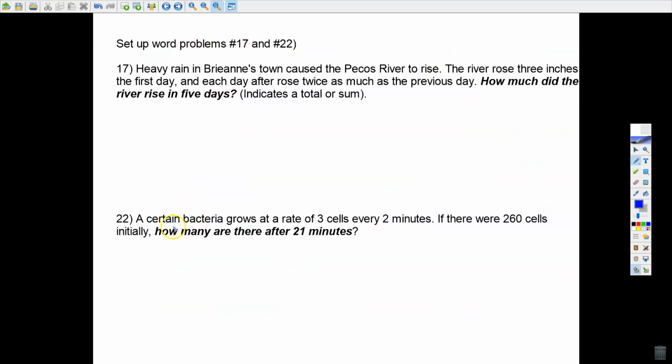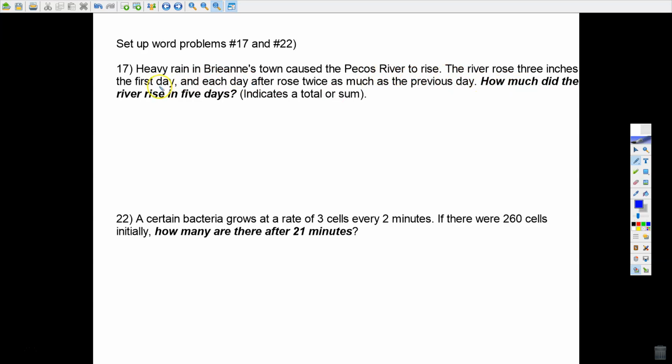Okay, so to wrap this up, there are a couple of word problems that I just want to set up for you, and then I'm going to let you finish. And there are other word problems that are closely related, very similar to these. So I just want to point out something. Number 17, we're in Brianstown, and because of rain, the Pecos River is rising.